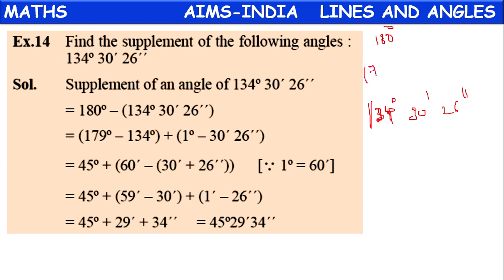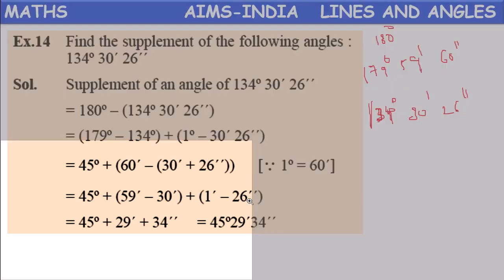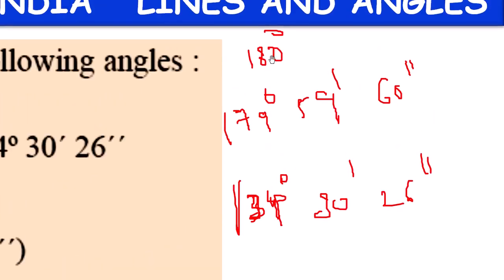180 degrees, you can write it as 179 degrees plus 59 minutes plus 60 seconds. Like this we can write. So 180 degrees can be written as 179 degrees plus 1 degree, and 1 degree again is 59 minutes, 60 seconds.